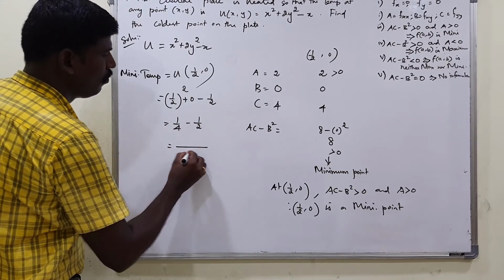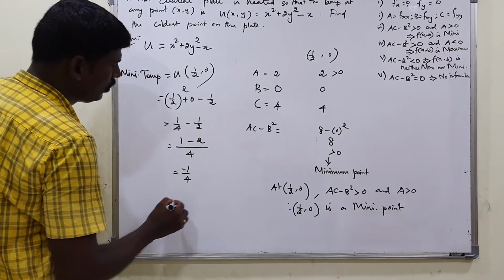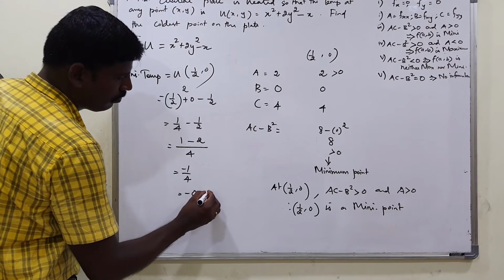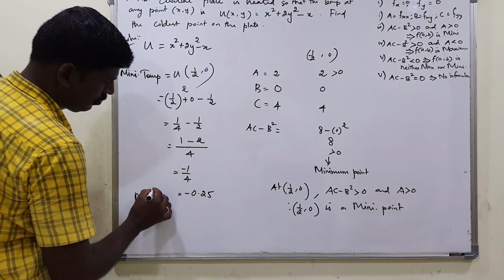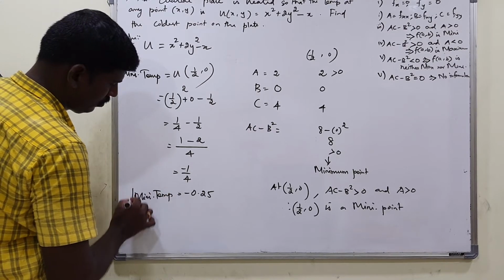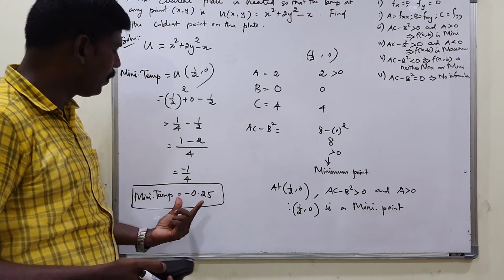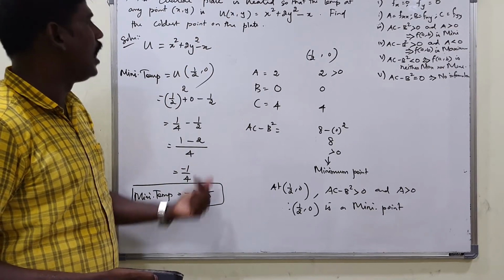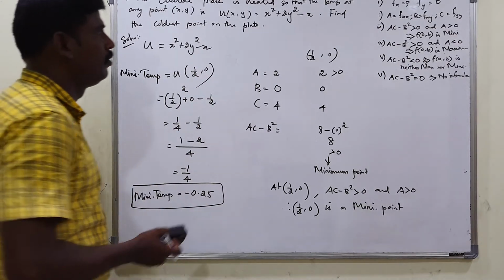So taking 4 as LCM, 1 minus 2, that is equal to minus 1/4, right? So minimum temperature is equal to minus 0.25. So the minimum temperature on the circular plate is minus 0.25 at the point 1/2 comma 0. That's all. Very easiest one.